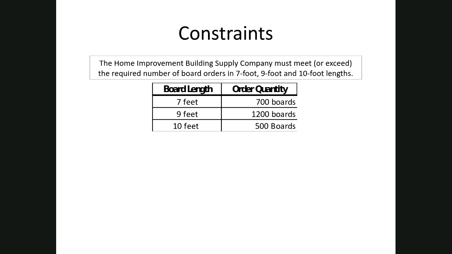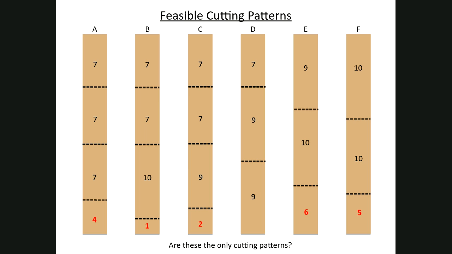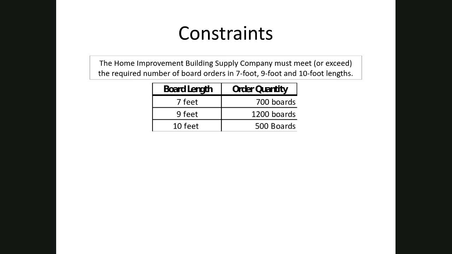And then lastly, we'll go back and look at our 10-foot boards, our 10-foot lengths, and there's 1 10-foot board on B. And then there's 1 10-foot board on E, and there's 2 10-foot boards cut on pattern F. So B, E, and F. And so if we go forward to our constraint for the 10-foot boards, it's going to be B plus E plus 2F is greater than or equal to 500.